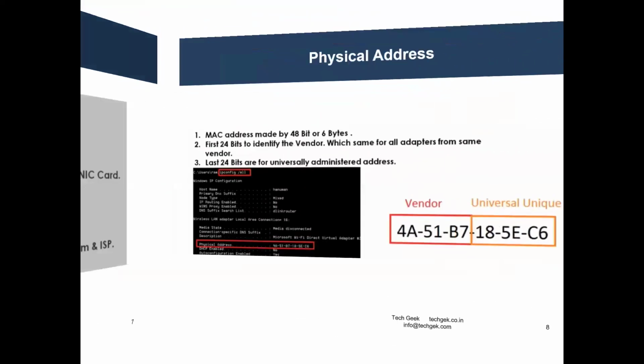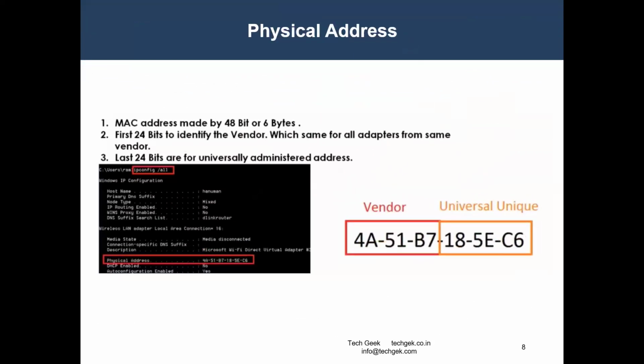What next? The physical address, which I said is 48 bits or 6 bytes. The first 24 bits identify the vendor, which is the same for all adapters from the same vendor. The last 24 bits are the universally administered address for the user. So as we can see, this is my MAC address.